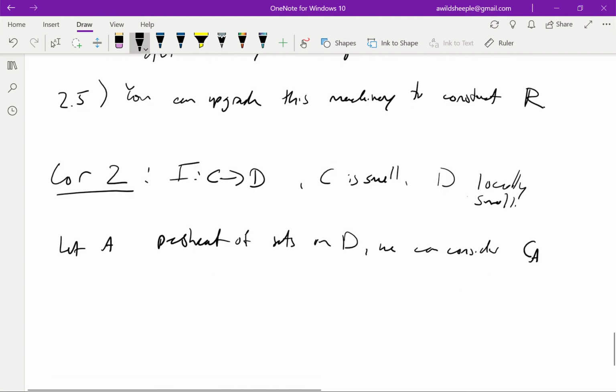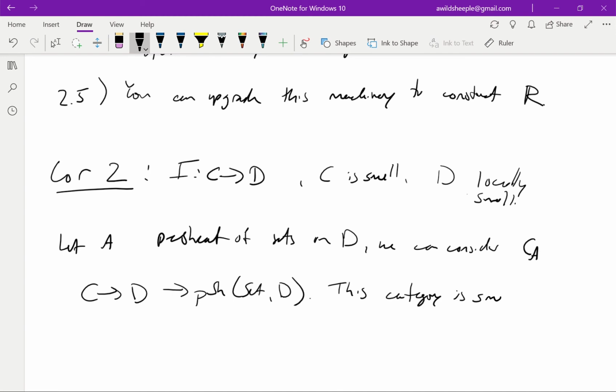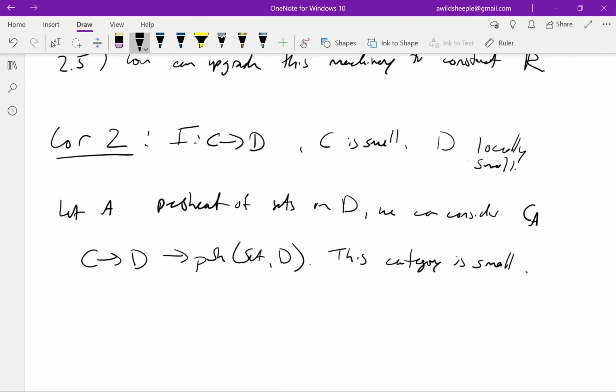I'm going to try to make a little card come up to link you guys to that in case you need to be reminded. The short version is that this is associated with our map C to D to presheaves of sets on D. And then this category is small. And similarly, if B is a co-presheaf, then C upper B is small.